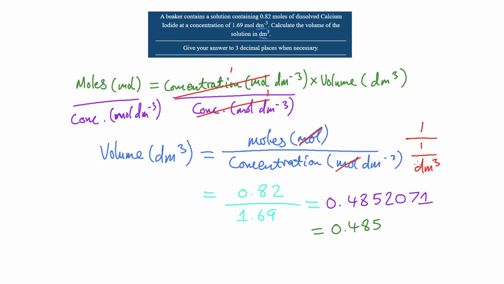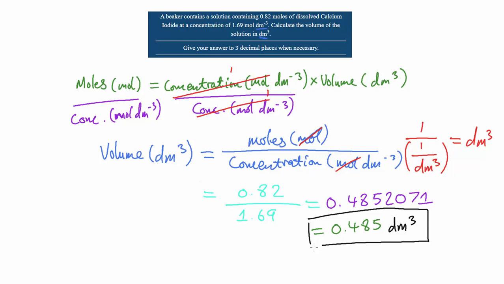Effectively 1 over dm to the minus 3 is basically this, and we know that if we do this operation, all we need to do is flip this. This is going to be equal to 1 times the dm³ divided by 1, which is just dm³. So we know even just from that the units here are going to be dm³. So in this case, our volume is going to be 0.485 dm³. Okay.